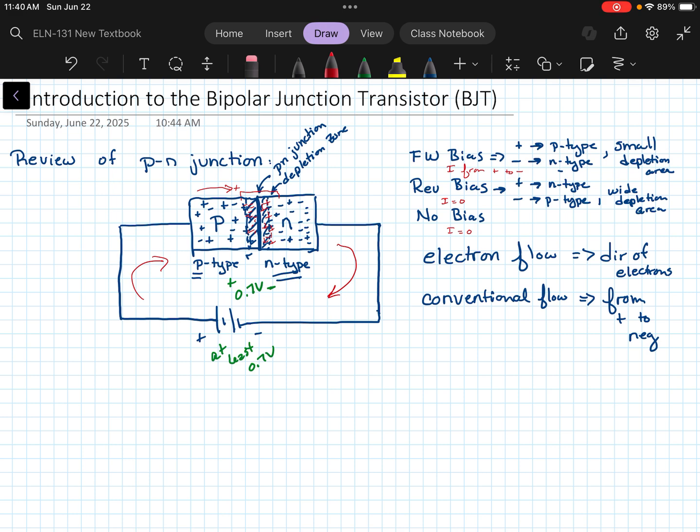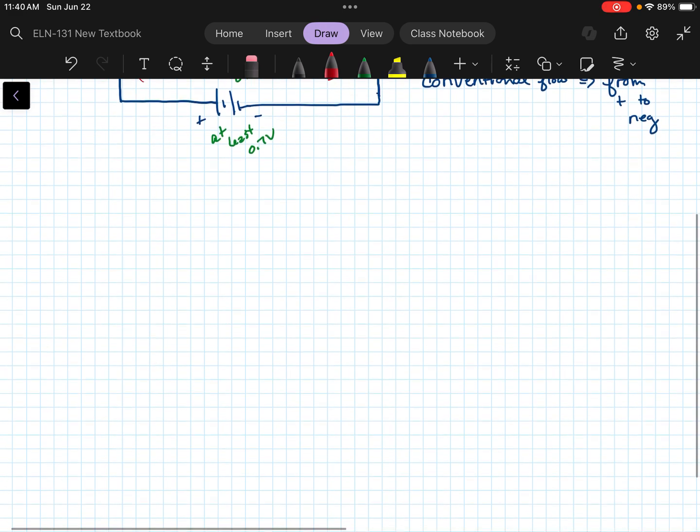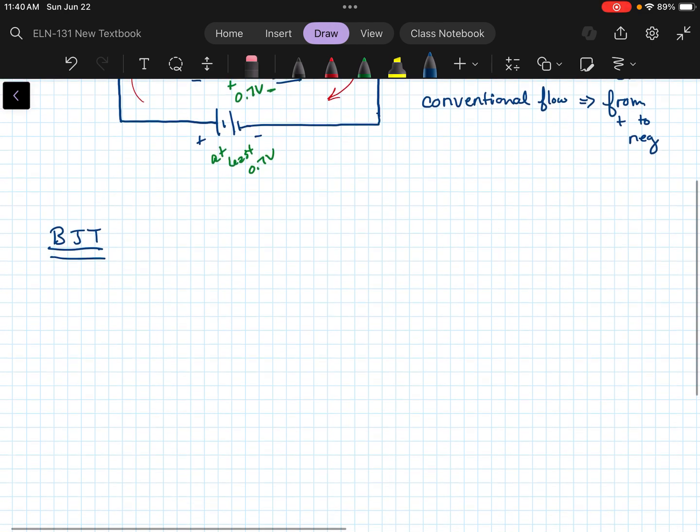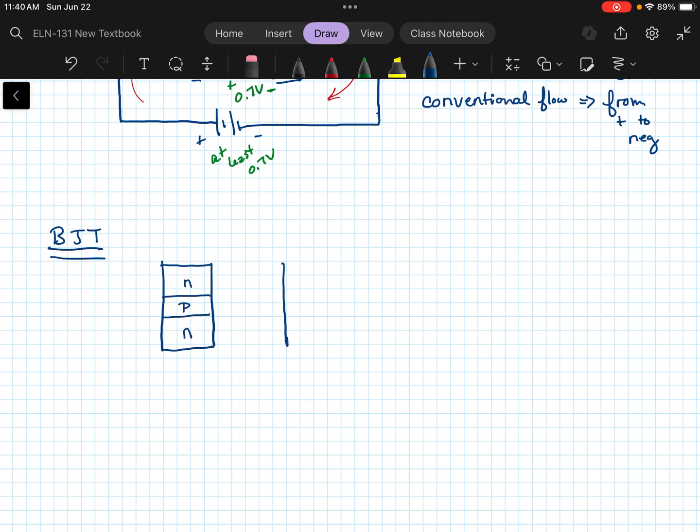Now the bipolar junction transistor, a BJT for short, has two of these junctions. So we can either have two N-type materials which have a P-type material sandwiched between them, or we can have an N-type material sandwiched between two P-type materials.